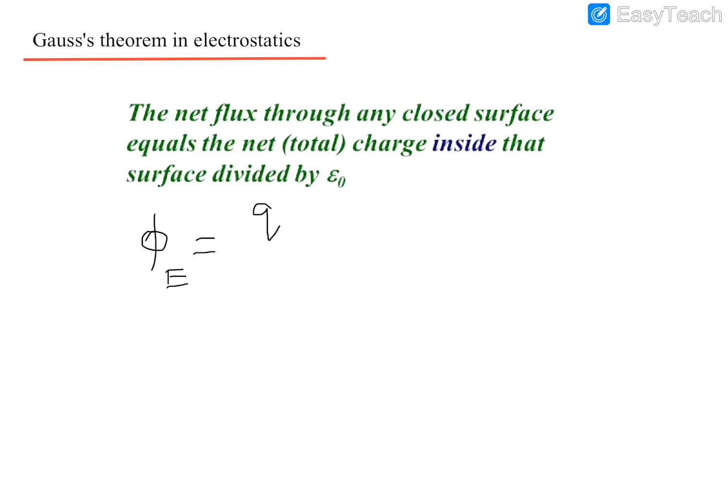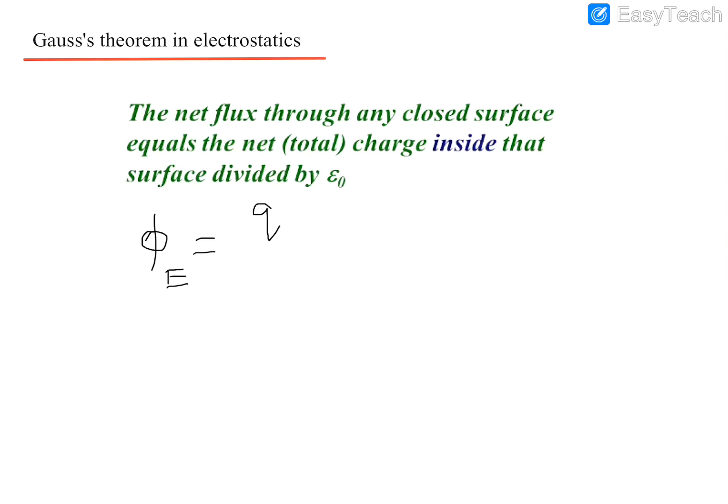Total charge inside that surface, that means how much charge is there inside that closed surface, which is nothing but enclosed charge. Enclosed charge means charges inside the object. Only those charges you can consider, the charges which are inside the surface.